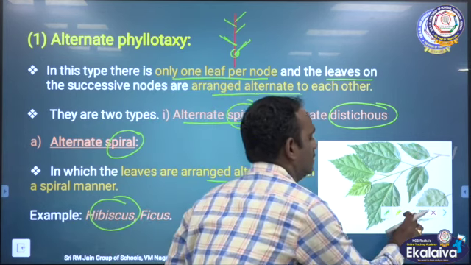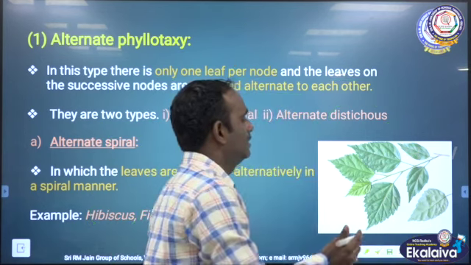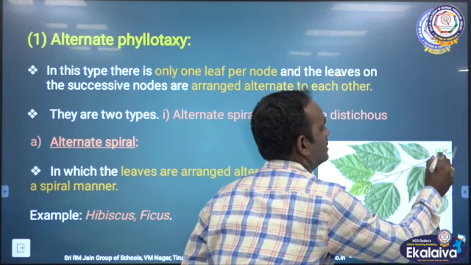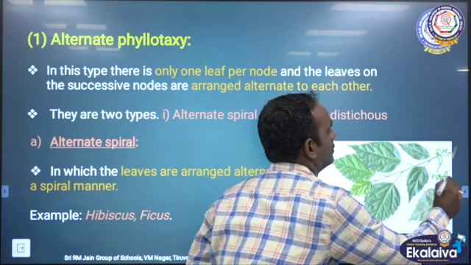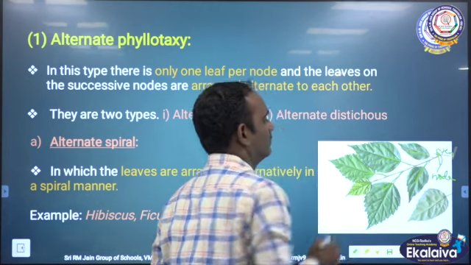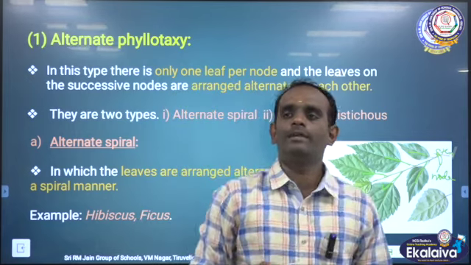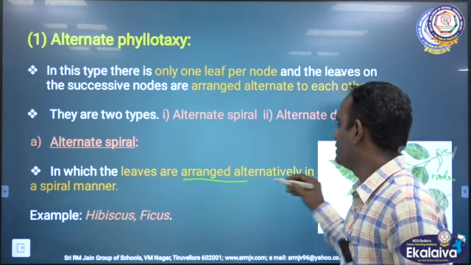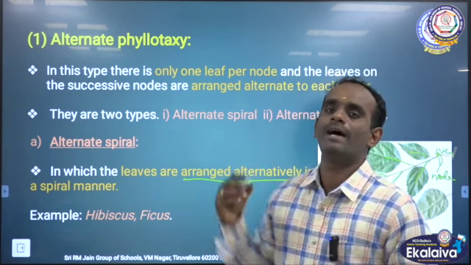This is a hibiscus leaf. This is stem. This part is called node. The leaves arise alternatively. Okay. This type of phyllotaxy is said to be alternate spiral. Leaves are arranged alternatively in spiral manner.